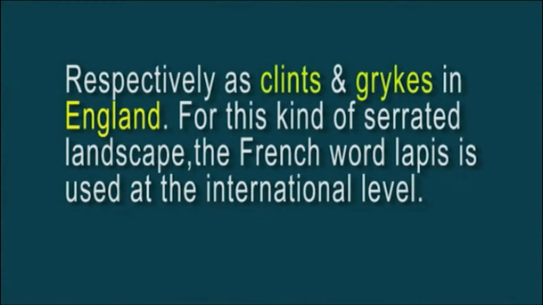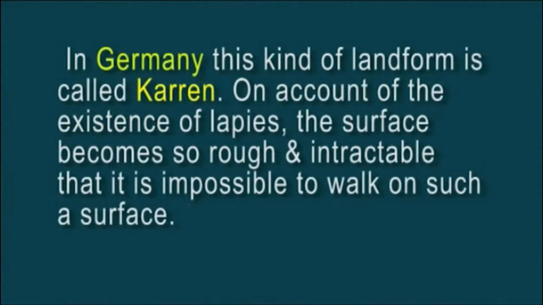For this kind of serrated landscape, the French word lapis is used at the international level. In Germany, this kind of landform is called karren. On account of the existence of lapis, the surface becomes so rough and intractable that it is impossible to walk on such a surface.